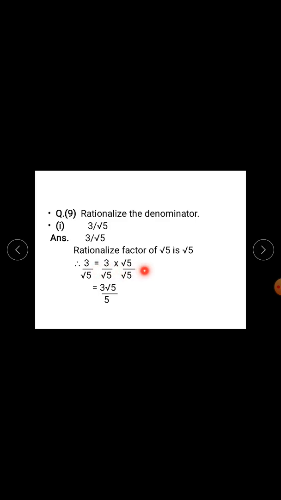So 3 into root 5 is 3 root 5. And root 5 into root 5 means root 25, and root 25 means 5. So equal to 3 root 5 upon 5. So 3 upon root 5 is equal to 3 root 5 upon 5. We changed this denominator into a rational number.